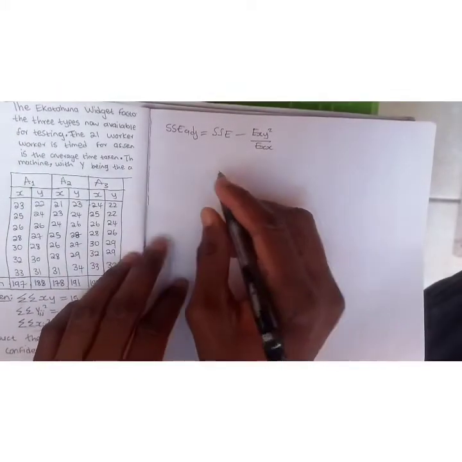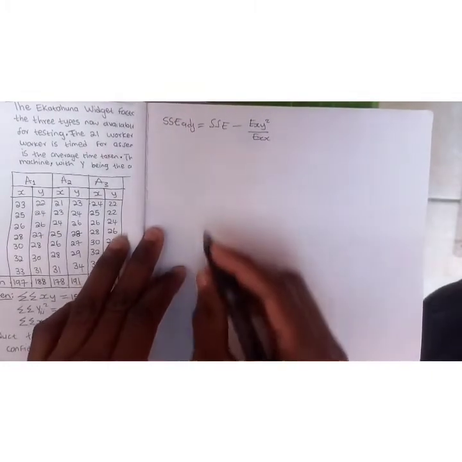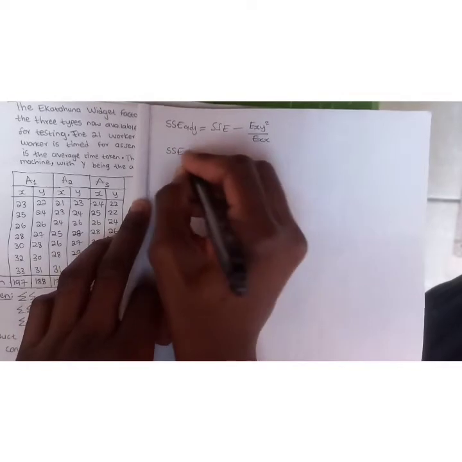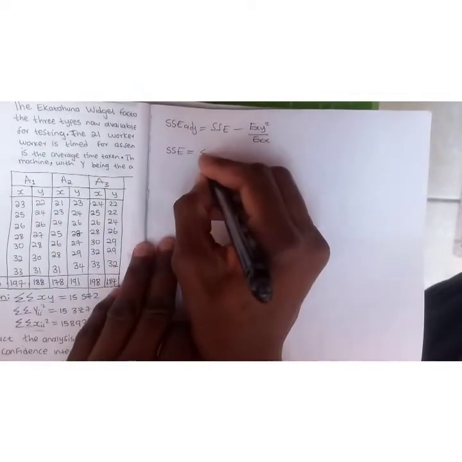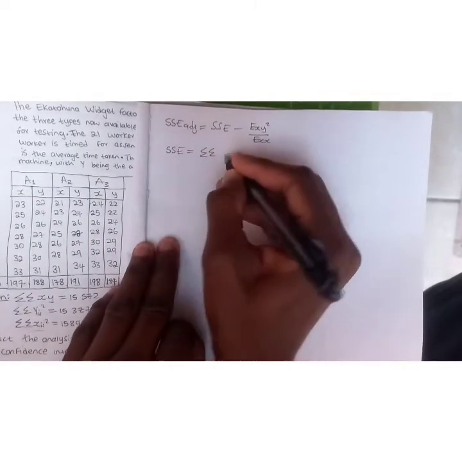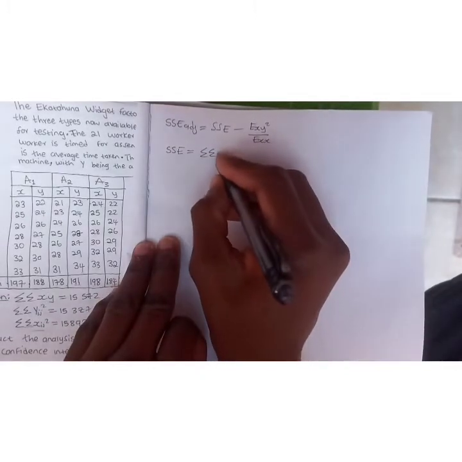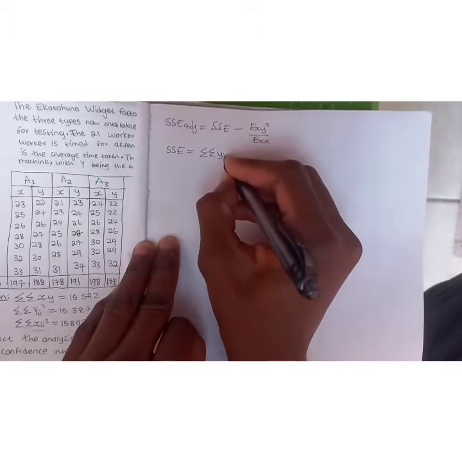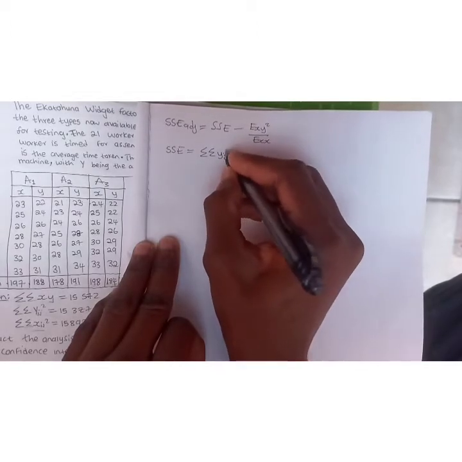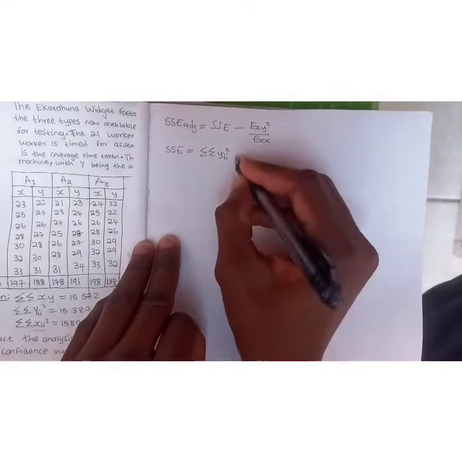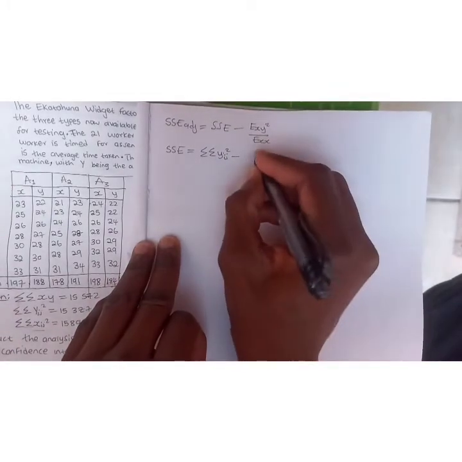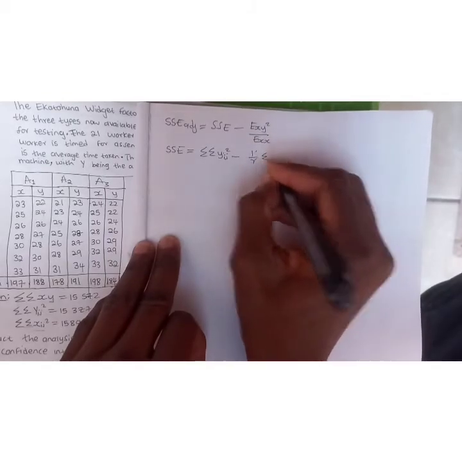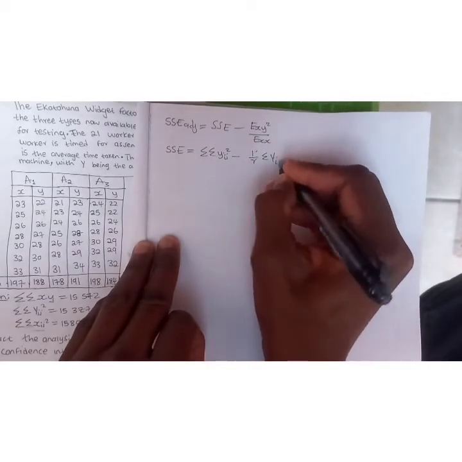I'm looking for SSE now, and remember my SSE is given by the double summation of y ij square minus then this 1 over r the summation of y i dot all square.